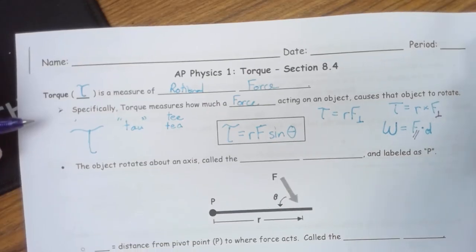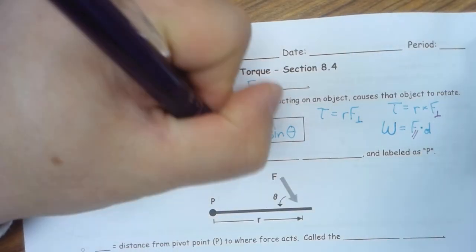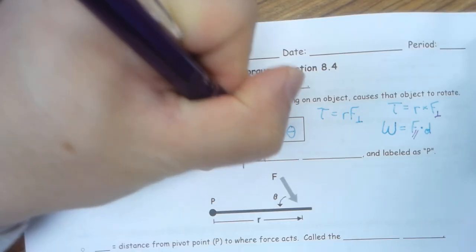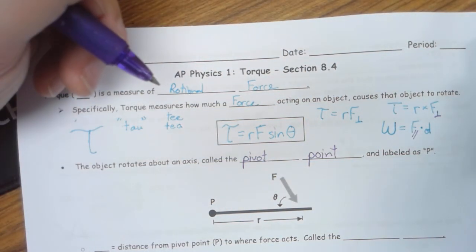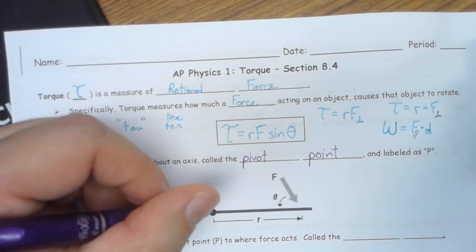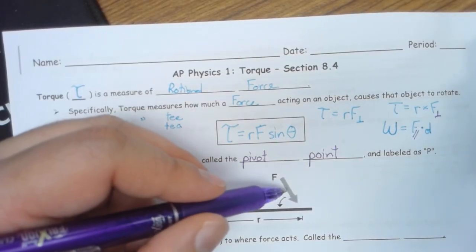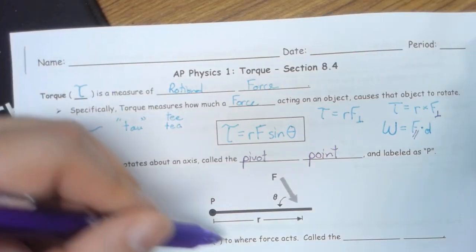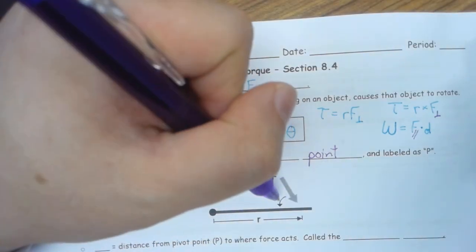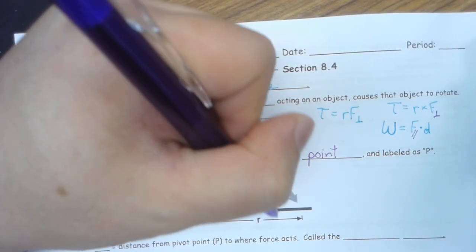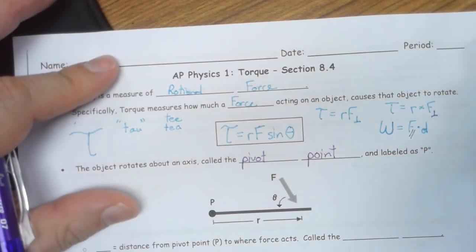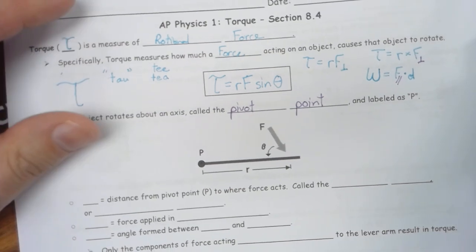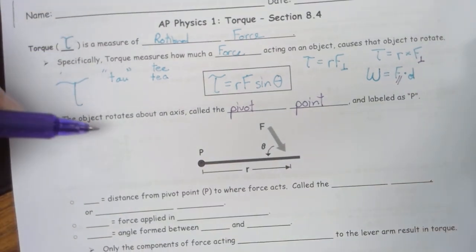The object rotates about an axis that we're going to call the pivot point. The pivot point, P, is like the door hinge or whatever. We can apply a force, and we have the radius. The theta is the angle between our radial vector and our force vector. So it's the distance that we are away from the pivot point by the force direction.